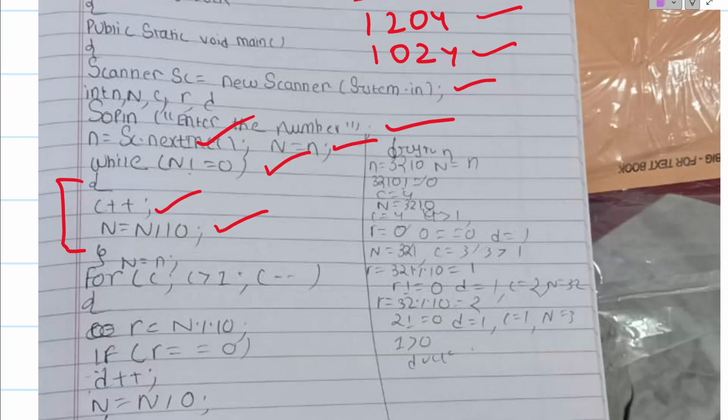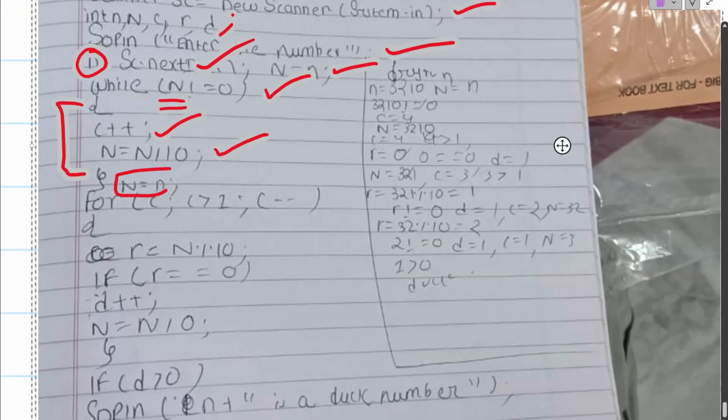N is equal to n. I don't think this was a necessary step, because the student has manipulated the value of uppercase N, but need not worry, because the number is already stored in my n, and here there is no semicolon that has to be done. I don't think it was a necessary step.